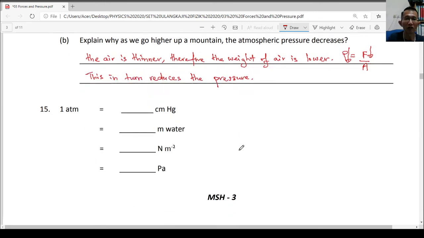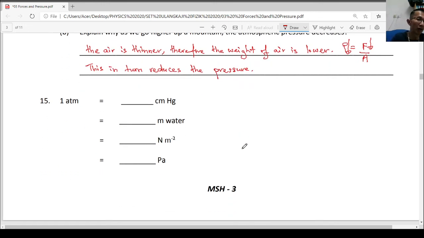Okay, we go to question 15. 1 atmosphere is equivalent to how much? In centimeter mercury, here is 76. In meter water, that will be about 10.3, but sometimes we use 10.